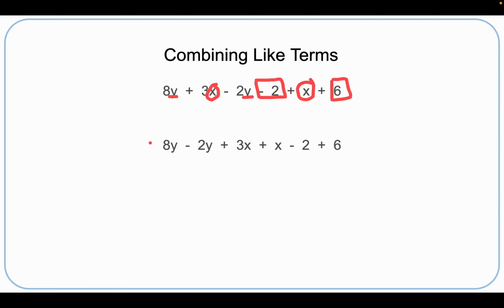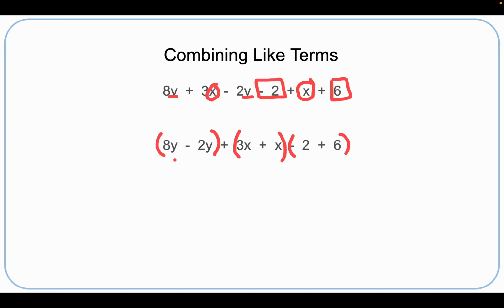And so here we rearranged these in another order so that we could see the like terms near each other. I'll put parentheses around this just so you can see this. I rearranged these terms because we can add in any order. 8y minus 2y, and then we have our 3x plus x right there, and then the last two terms, the -2 and plus 6.